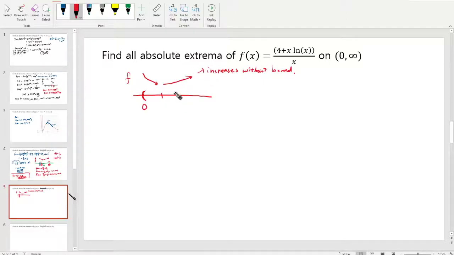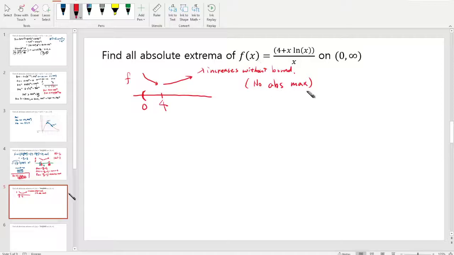So it does increase, and because of that, this point 4 is the point where the function has the absolute minimum, but this means that the function will not have an absolute maximum, okay? Because it increases without bound.